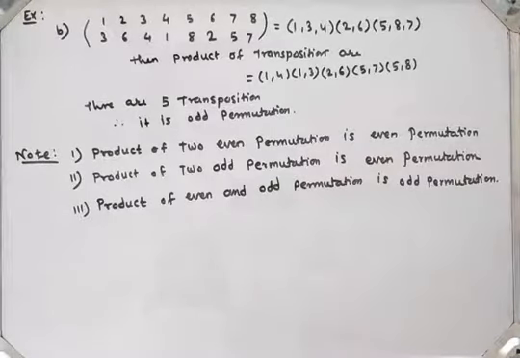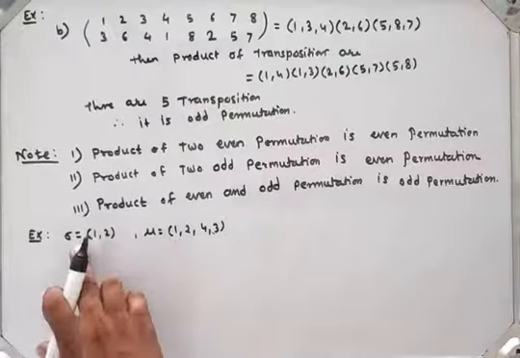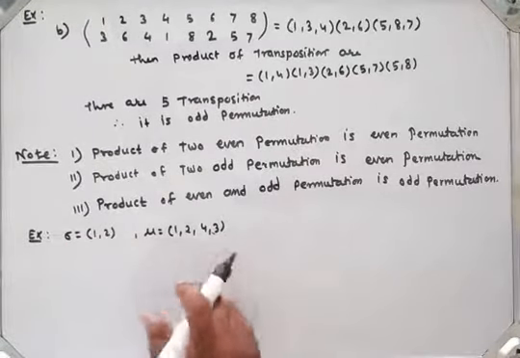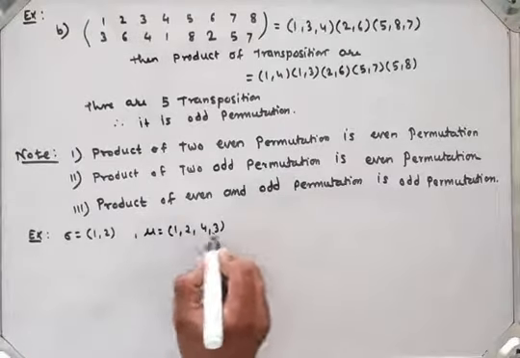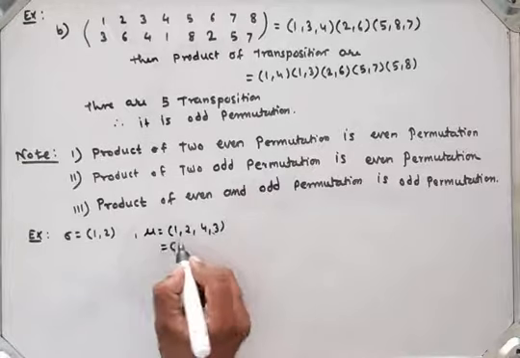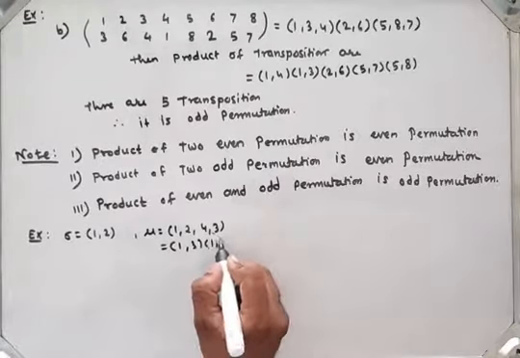For example, here mu and here sigma, which is an odd permutation, and here mu is again an odd permutation, because this is a product of single cycles whose length is 4. So this can be written as 1 3, 1 4, 1 2.